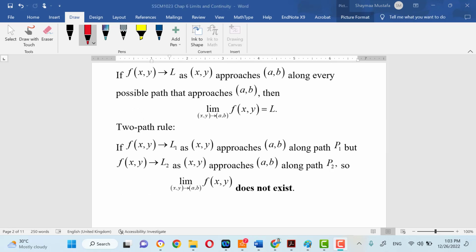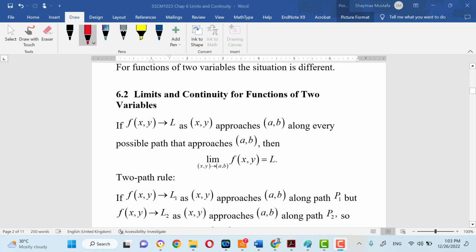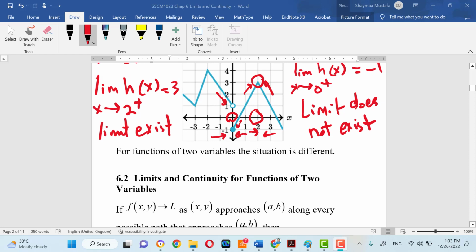So to say that the limit of a function of two variables exists, we have to calculate the limit from all paths, as we did for one variable. For one variable, to say that the limit exists, we calculate from the right and from the left.